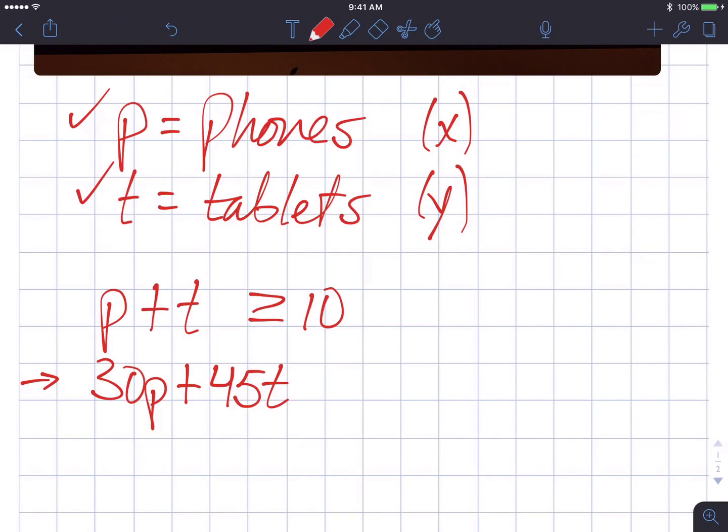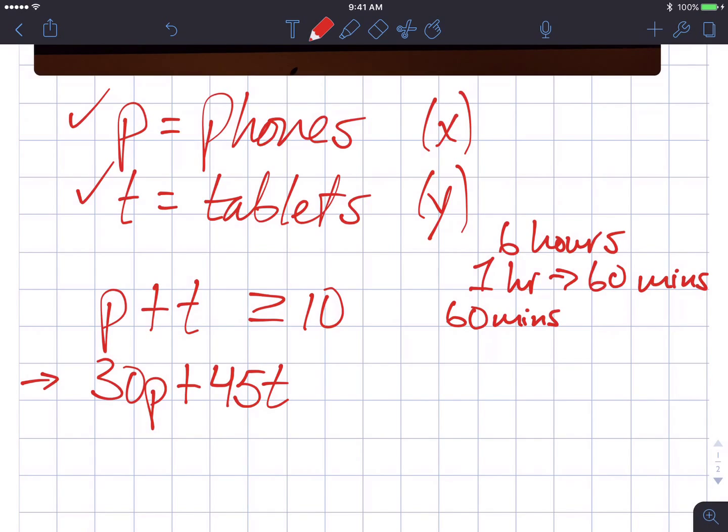Okay? So let's convert the 6 hours to minutes. 6 hours. If 1 hour is 60 minutes, then 60 minutes times 6 hours is what?